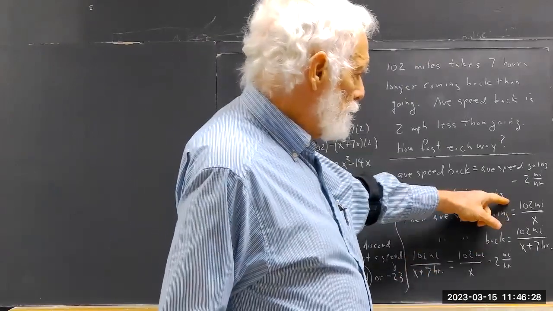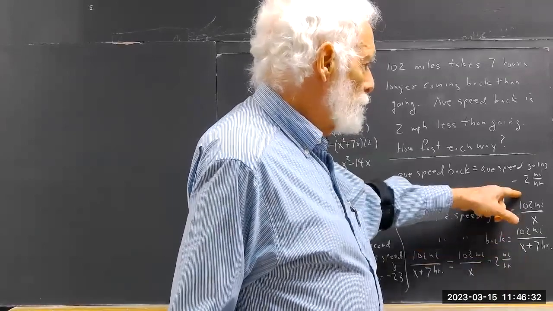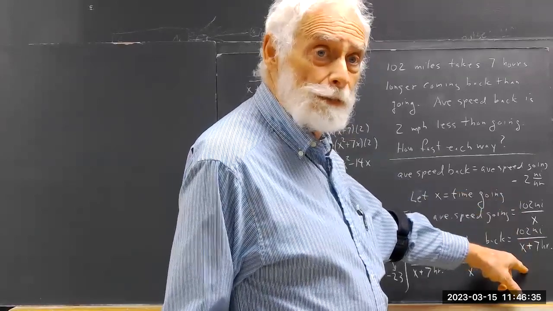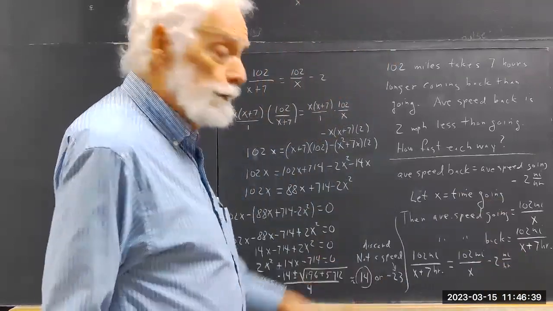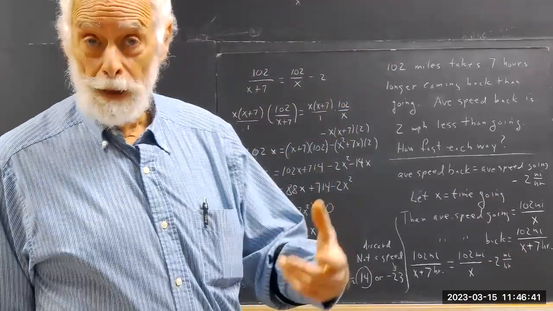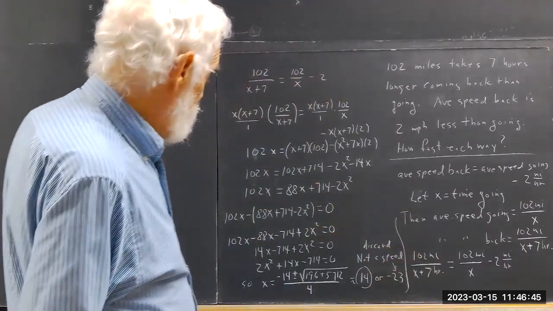So that's around 7, and this would be around 5. Average speed going about 7 miles an hour, average speed back about 5 miles an hour. If you do all the calculations correctly with your calculator, you should get exactly a 2 mile an hour difference.